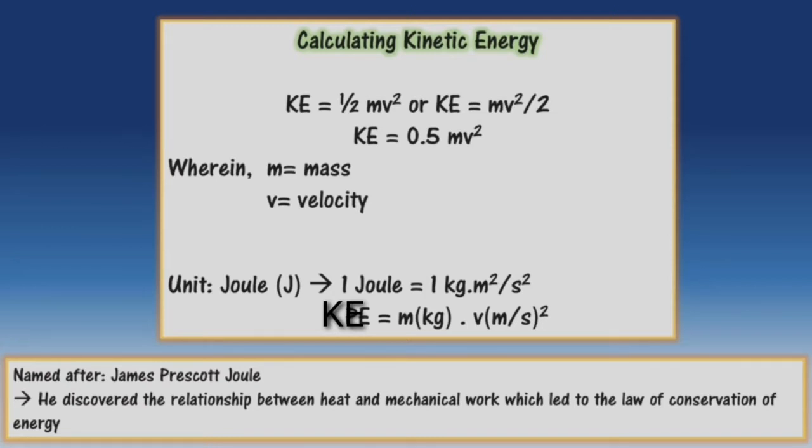So when you combine all those units, it will become kilogram meter squared per second squared, or joules. It was named after James Prescott Joule as he discovered the relationship between heat and mechanical work, which led to the law of conservation of energy.